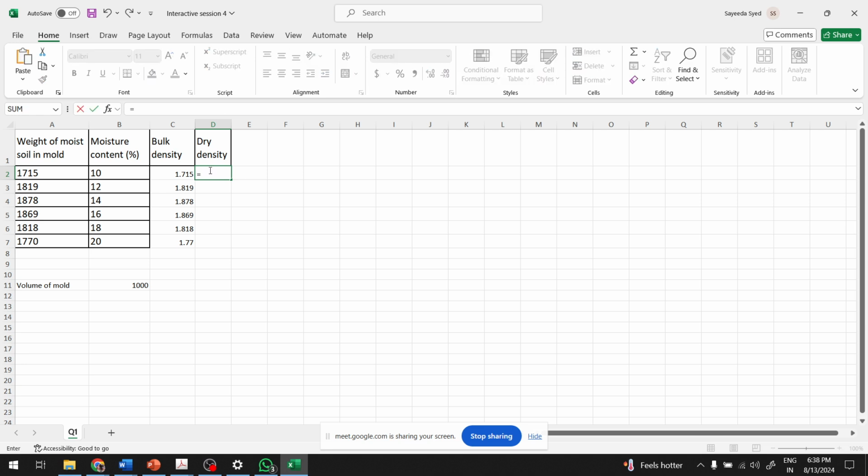Gamma D equals gamma B over 1 plus W by 100 because this is in percentage.